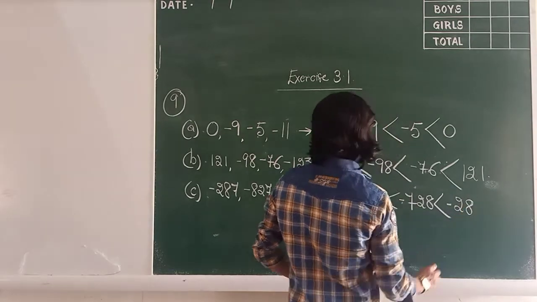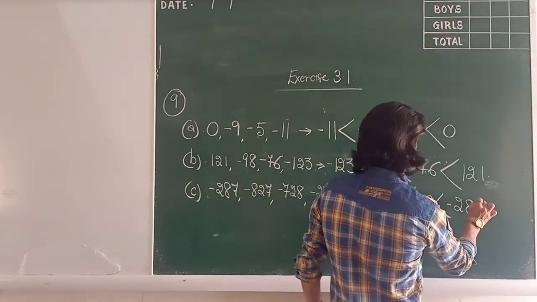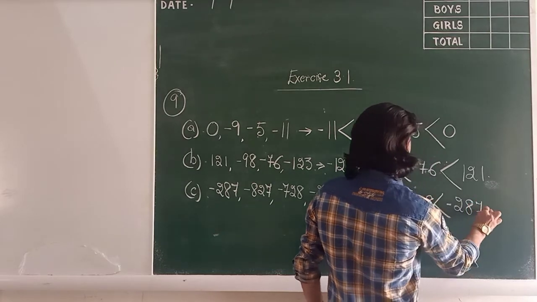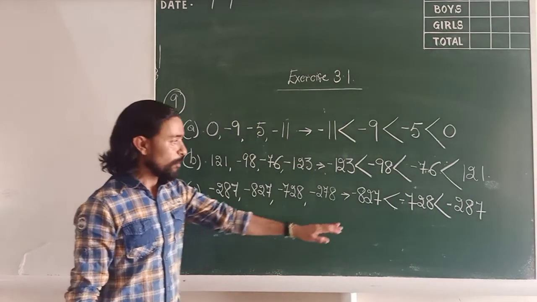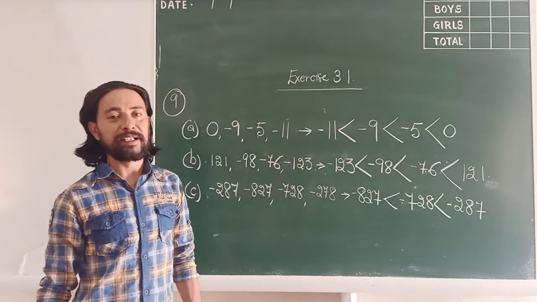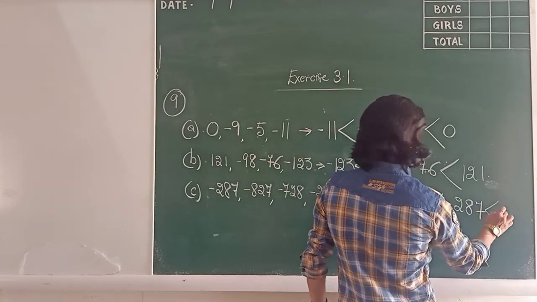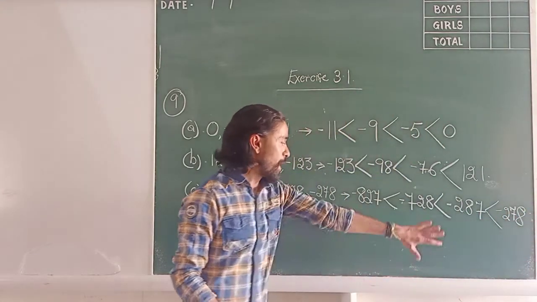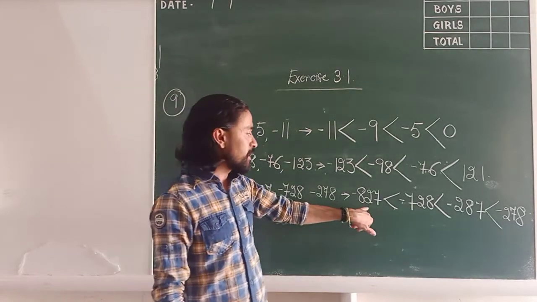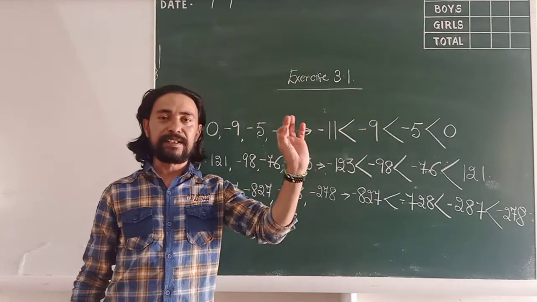It is smaller than minus 278, but it is greater than minus 728. So minus 287 will be my next number, and my last number will be minus 278. So among these four numbers, minus 827 is the smallest and minus 278 is the greatest.